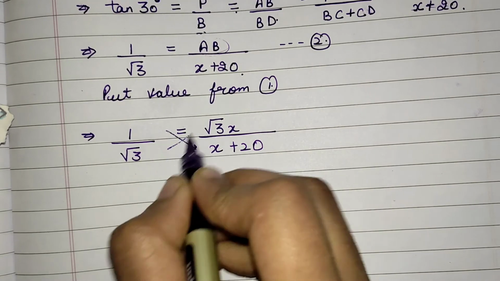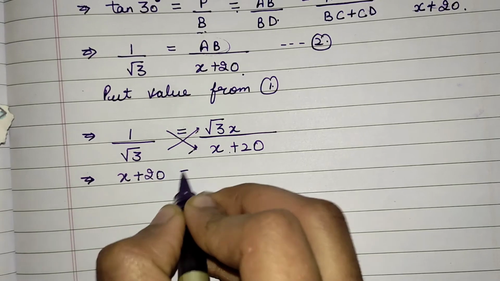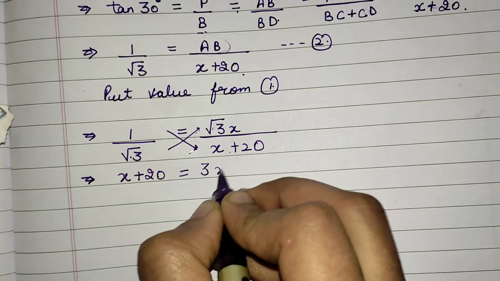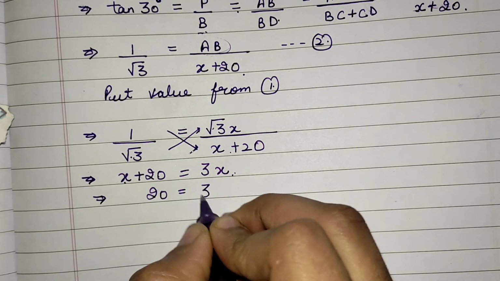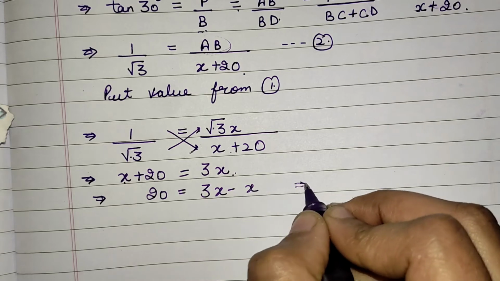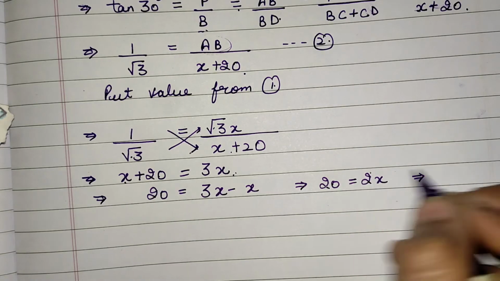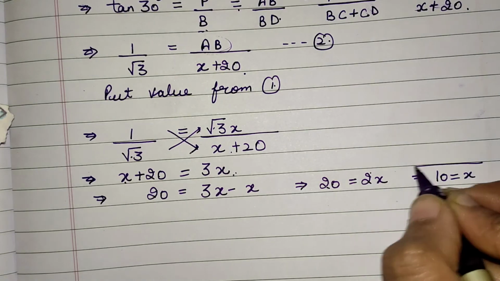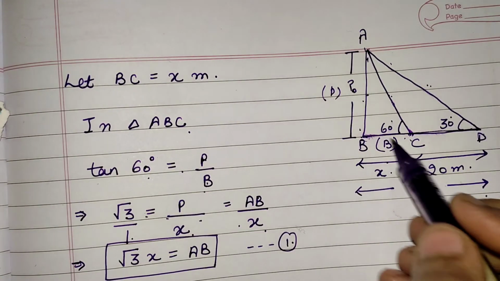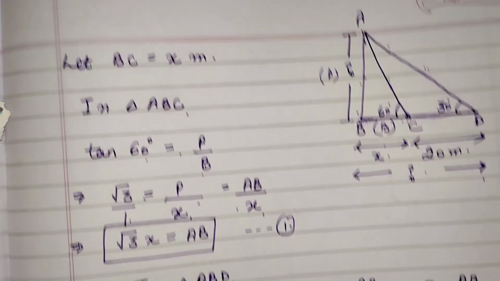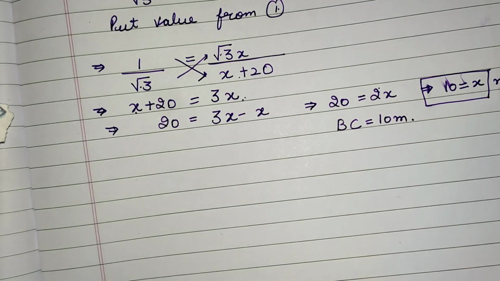If I do cross multiplication, I get x plus 20 is equal to root 3 into root 3x, which is 3x. When x goes to the right-hand side, it becomes negative, so 20 is equal to 2x. This means that 10 is equal to x meters. We imagined that x is BC, so BC is equal to 10 meters.